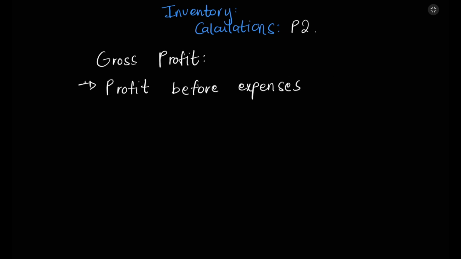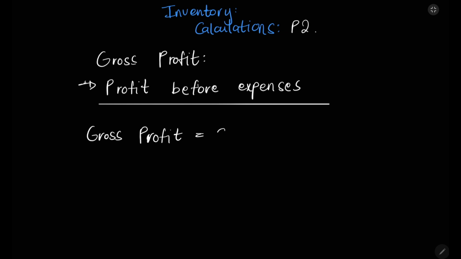Now let's move to gross profit. This is profit made before expenses. It basically shows you how much profit was earned from trading activities. The formula is gross profit is equal to sales minus cost of sales.